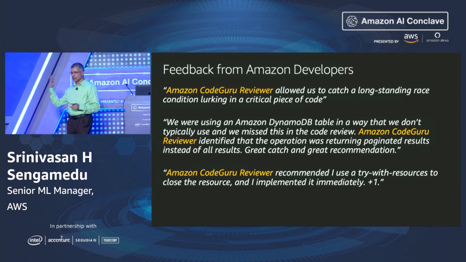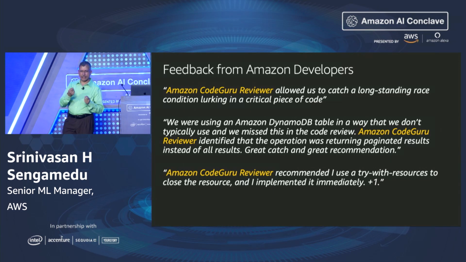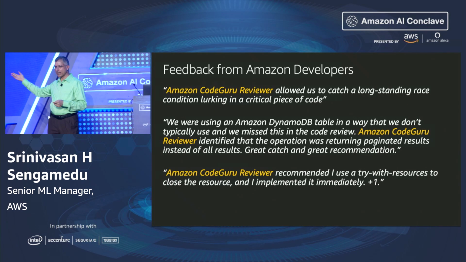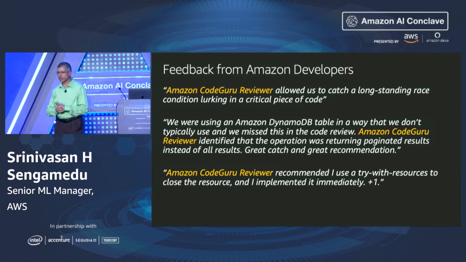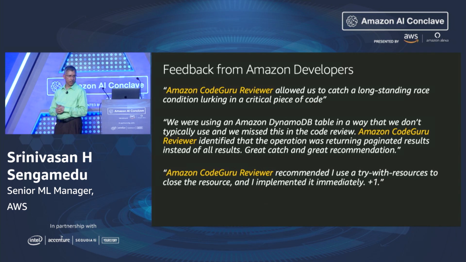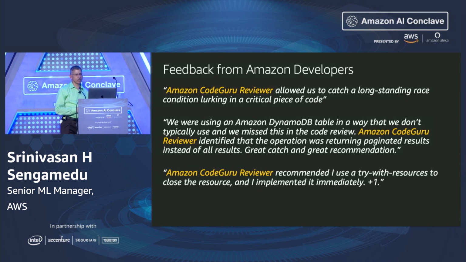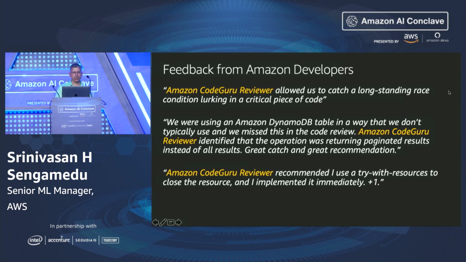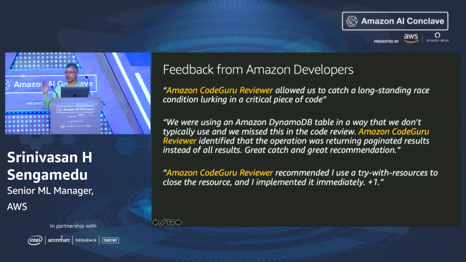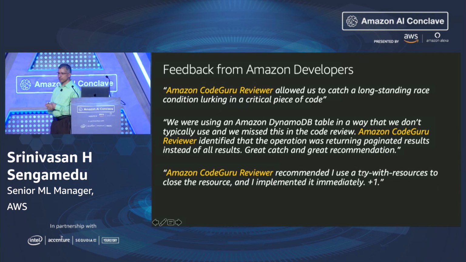In addition to rating the comments as useful or not useful, developers also gave comments about how helpful it was. I'm showing you a small number of comments. The first feedback from the developer was that CodeGuru Reviewer allowed us to catch a long-standing race condition.